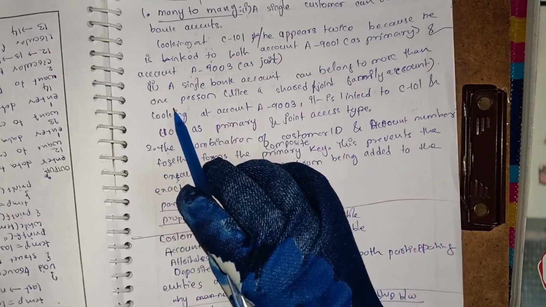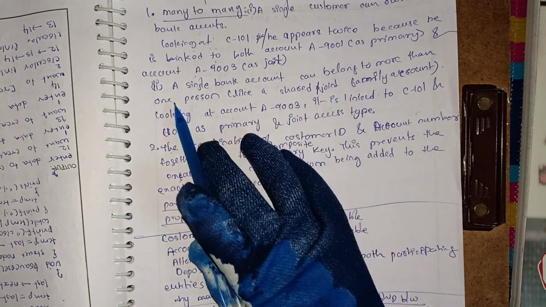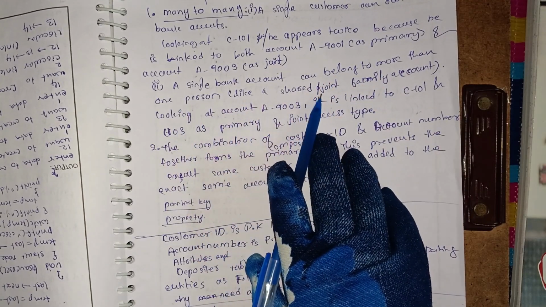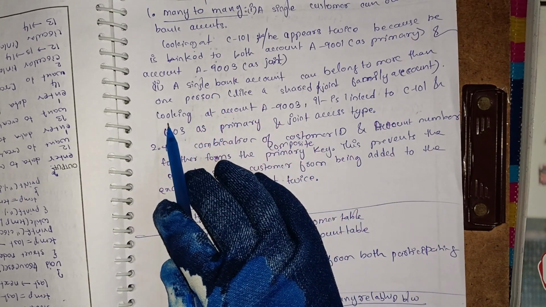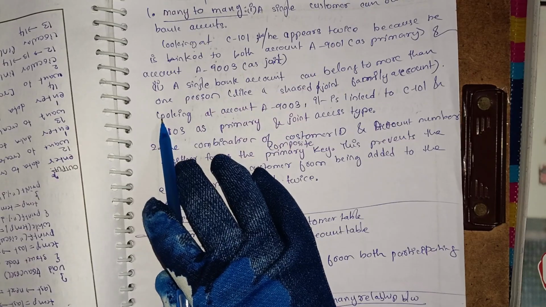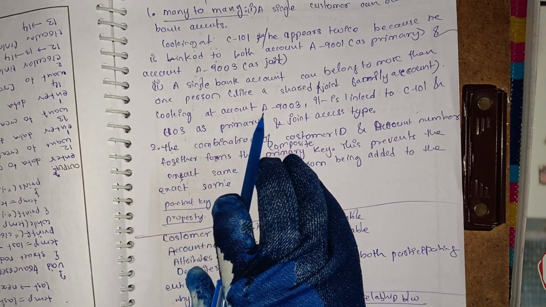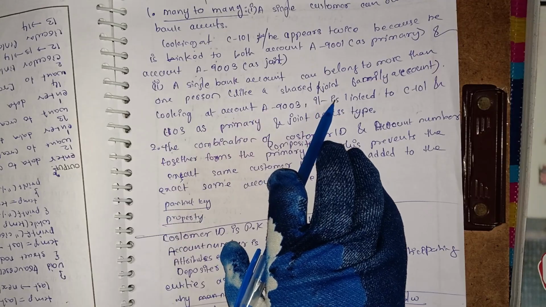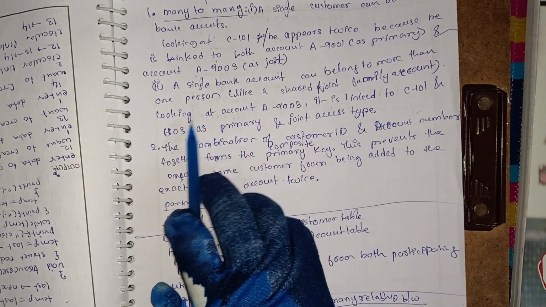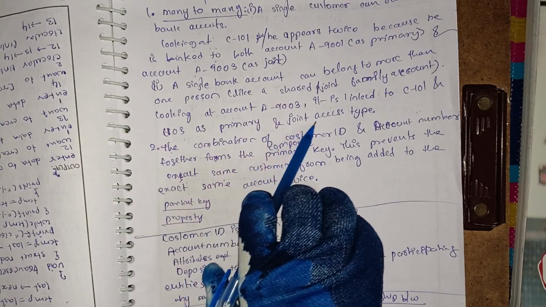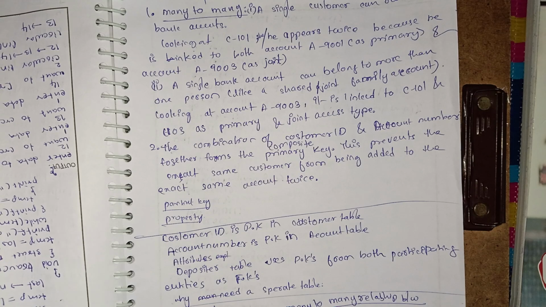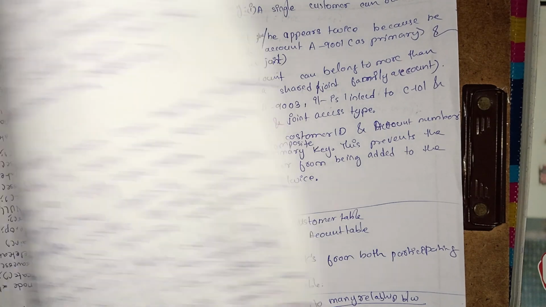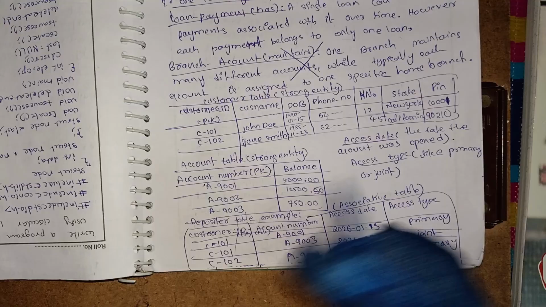And a single bank account can belong to more than one person, like a shared or joint family account. Looking at account A9003, it is linked to C101 and C103 as primary and joint access type. What is the account here?